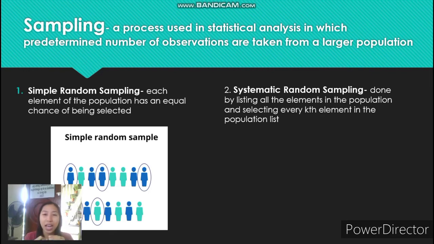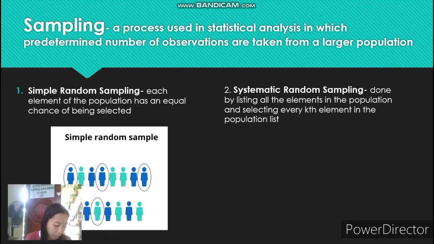Naa siyay proper way of randomly selecting your samples. So, ang ginabuhat ana is gihatag diha nga formula. Kanang k dire, kaning k, kaning ikapila ba siya nga element. So, k is equal to your population size, big letter N, over sample size, small letter n.